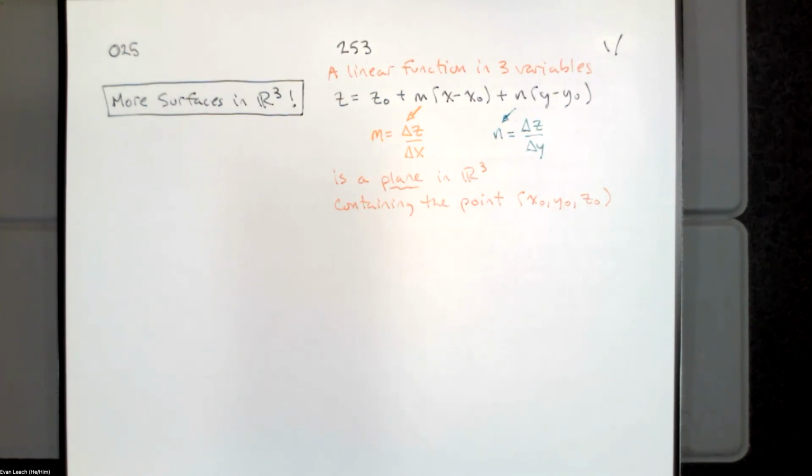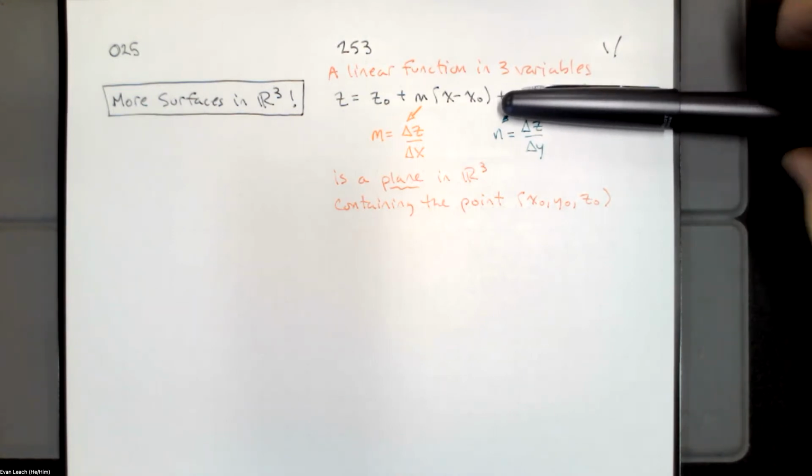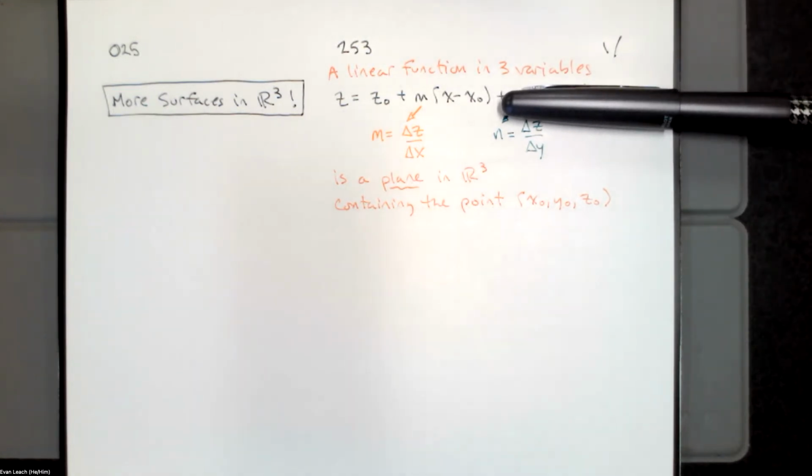So if we think back to Calc 1, where we started learning about slopes of tangent lines, the tangent line is the best linear approximation of a curve at a point.